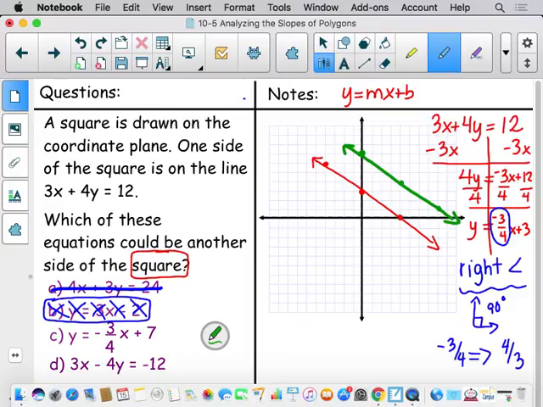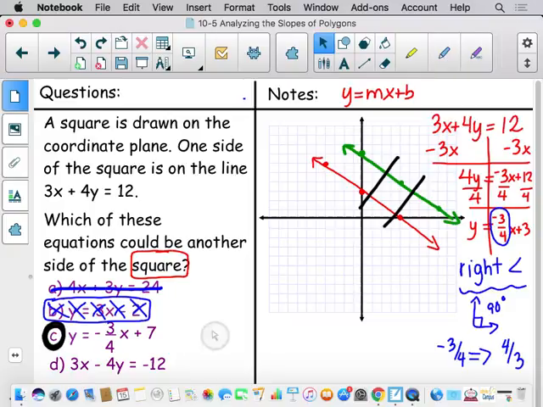If it's parallel, I could create a square this way. I know I just estimated that, but I think you get the idea. So opposite sides of a square are parallel. And then adjacent sides, the ones that are next to each other, are perpendicular. So this one is looking really good to me. So that could definitely be another side of the square. So that one I'm going to keep.